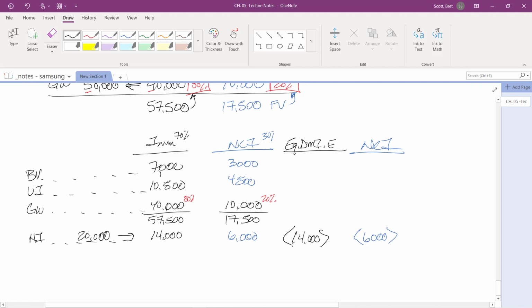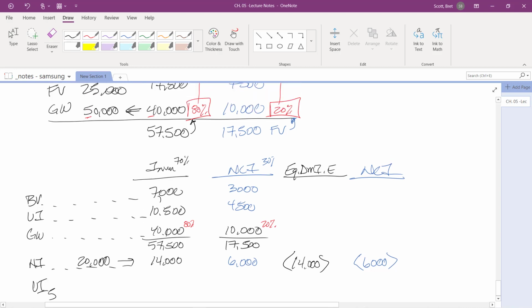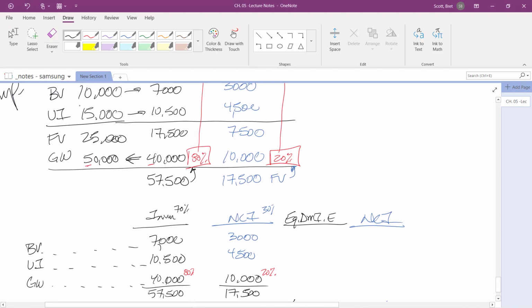And let's also assume, while we're at it, that the unreported intangibles have a 5-year life. So if I take up above the 15,000 and divide that by 5, I get $3,000 amortization per year. So I'm going to get rid of my portion of the UI relative to my ownership.